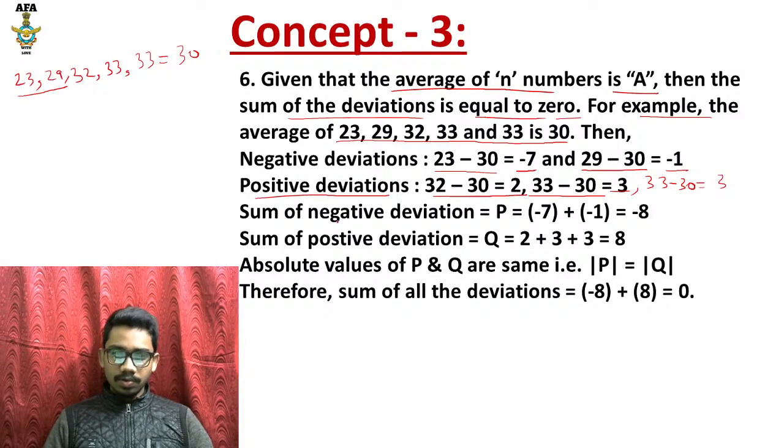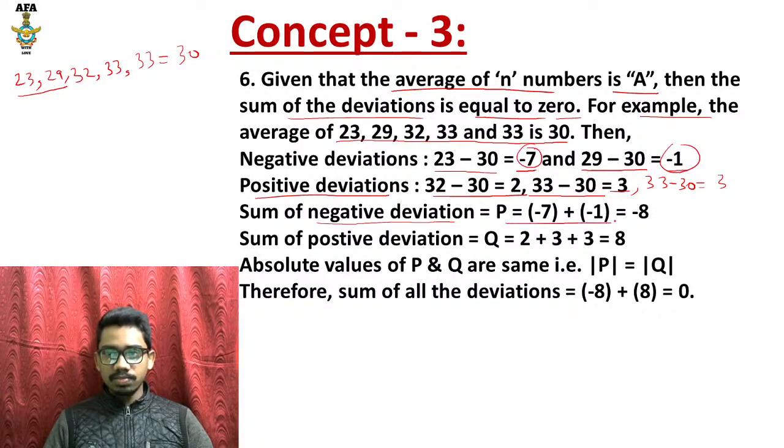So what do I want to say? The sum of the negative deviations is how much? Minus 7 and minus 1. The sum of the negative deviations, that is p, is equal to minus 8. And the sum of the positive deviations is how much? q equals 2 plus 3 plus 3, that is equal to 8.